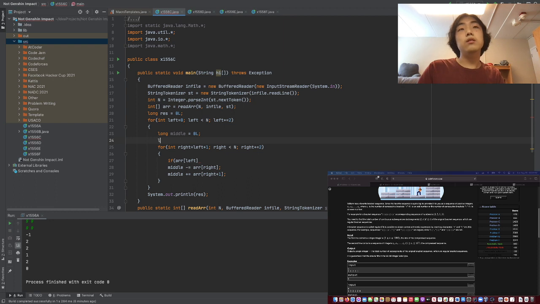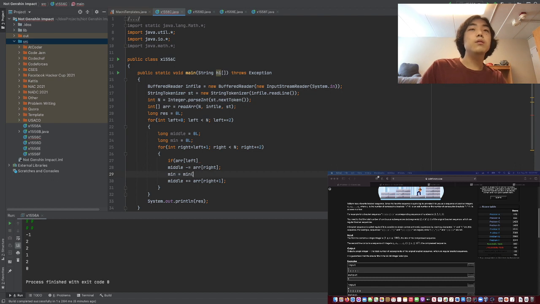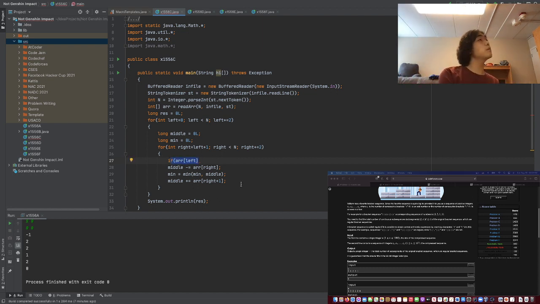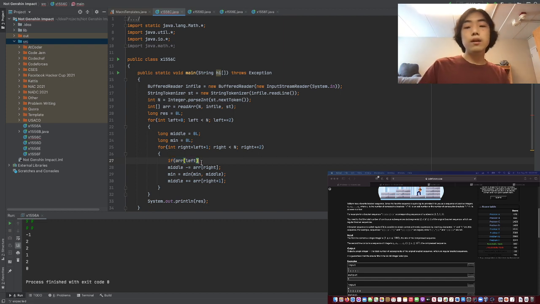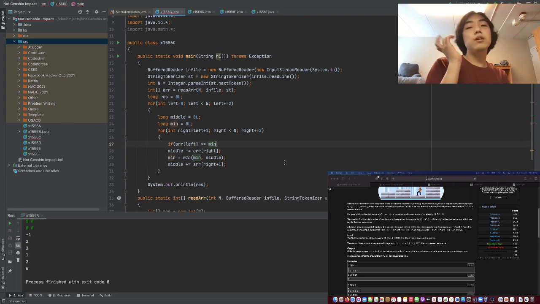Okay, so it's long min is equal to 0L. Yeah, and so then min is equal to min of itself in the middle. Yeah, and that's just something we have to handle like this. I think that it's probably okay. Yeah. And so if array at left has to be at least as large as min, otherwise it's just straight up not possible.